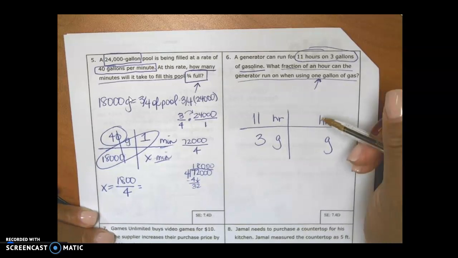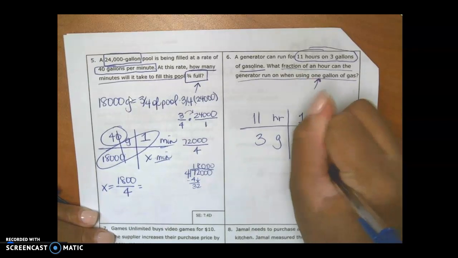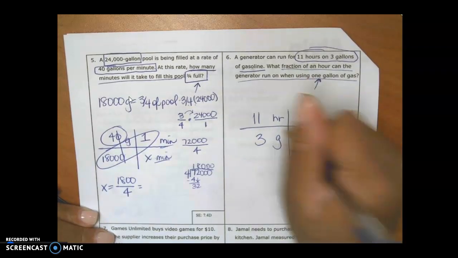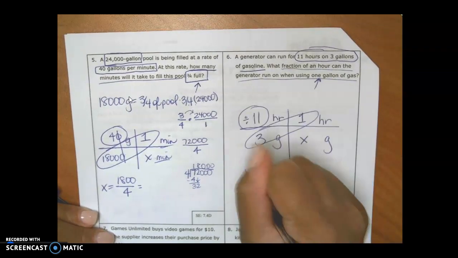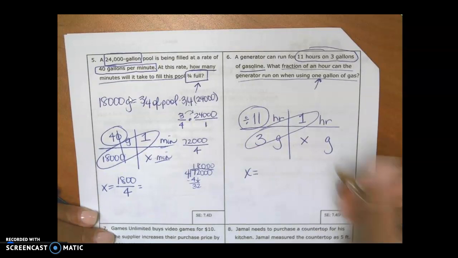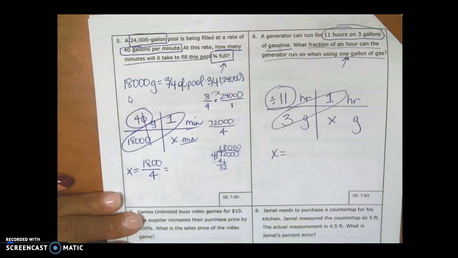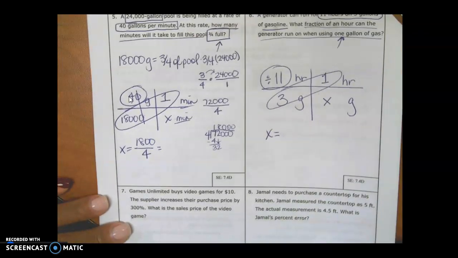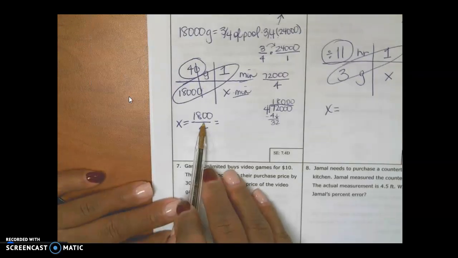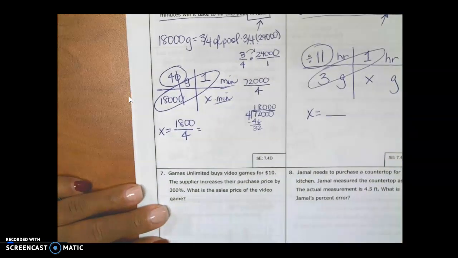Okay, and then I want 1 gallon, so I'm going to put 1 over here, and then that's going to be X hours. Then I'll cross multiply, and this one will be easy because it's asking for a fraction. So once you cross multiply and set it up like this, you'll have your fraction. You can convert it to a decimal if you want. Don't shout it out though, please. If you do this like I did it over here, you will write this in fraction form because I'm going to divide with the fraction bar.